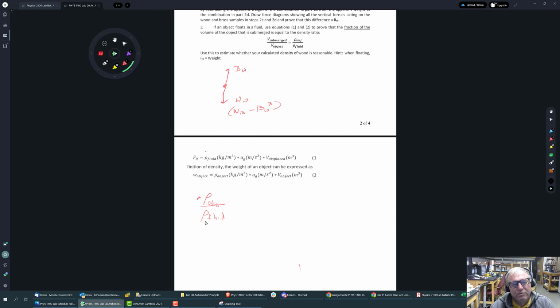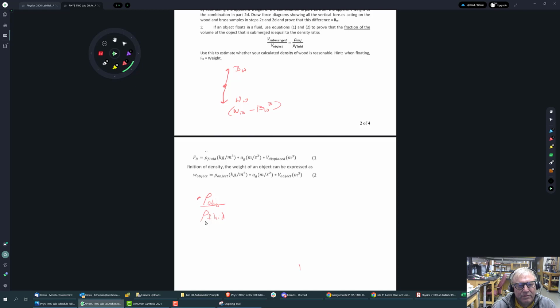So something floats when its weight and the force of buoyancy are equal, basically. So I mean, that's actually the condition of neutral buoyancy, but it should work. So we can set the two of these equal to each other.